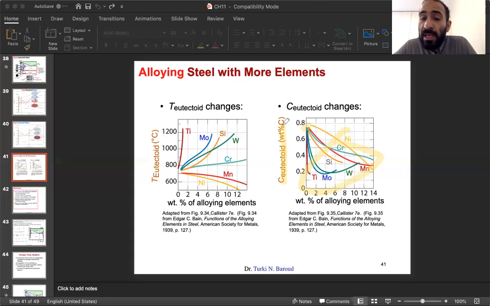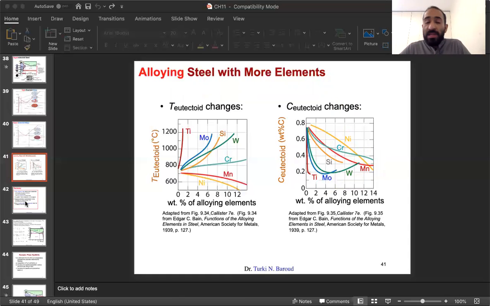It's going to go from 0.76 to, let's say, 0.4. Where is 0.4 here? So as you can see, if you add a small amount of molybdenum, let's say around 1 weight%, you can change the composition to 0.4 weight%. Okay, great.